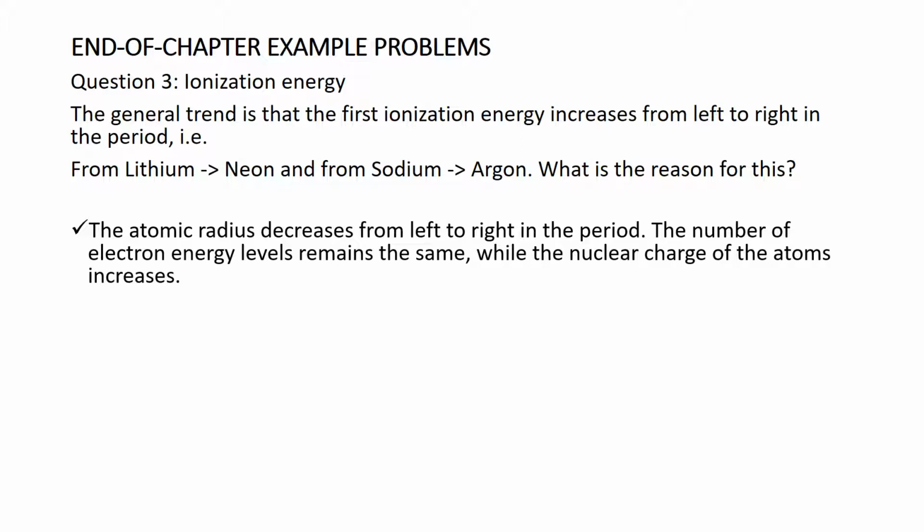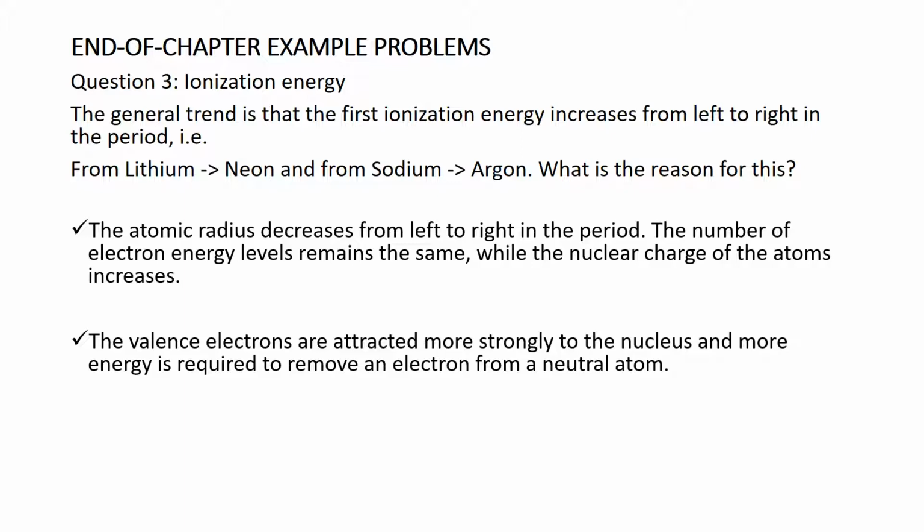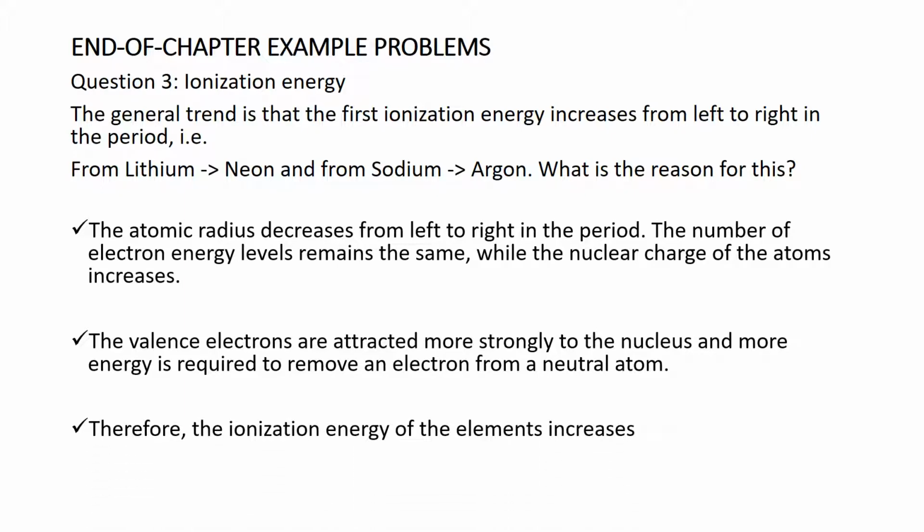The number of electron energy levels remains the same while the nuclear charge of the atoms increases. What happens if the nuclear charge increases? The valence electrons are attracted more strongly to the nucleus and more energy is required to remove an electron from a neutral atom. Therefore, the ionization energy of the elements increases.